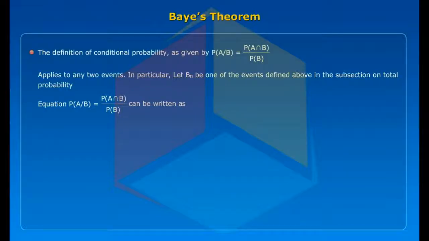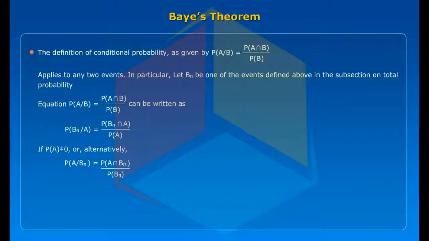The equation P(A|B) = P(A ∩ B) / P(B) can be written as P(Bn|A), which is equal to P(Bn ∩ A) / P(A), if P(A) is not equal to 0, or alternatively P(A|Bn) is equal to P(A ∩ Bn) / P(Bn) if P(Bn) is not equal to 0.